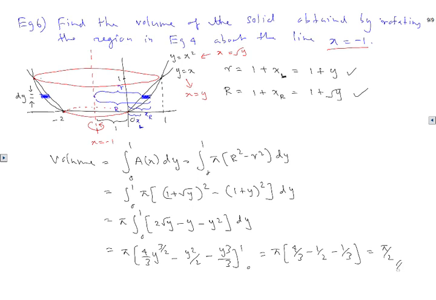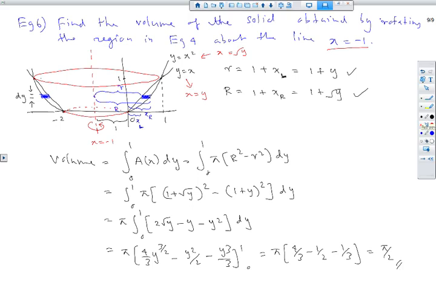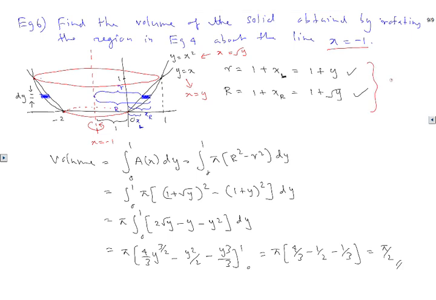So probably about 50% goes to those two, drawing it correctly and finding the radii, and the other 50% goes to the other part. So that's how we do it. Make sure that you show the work.